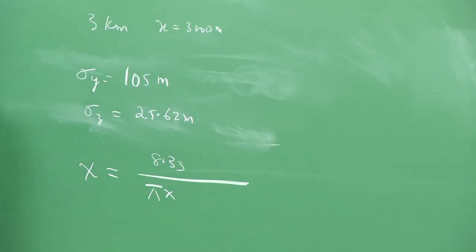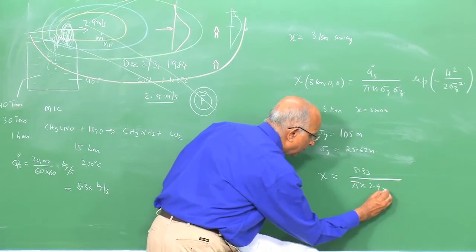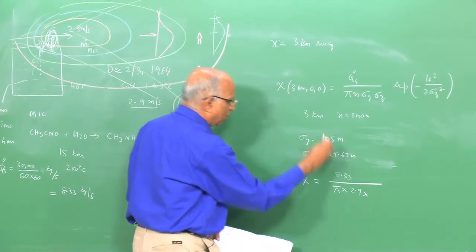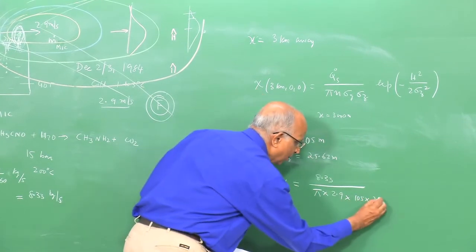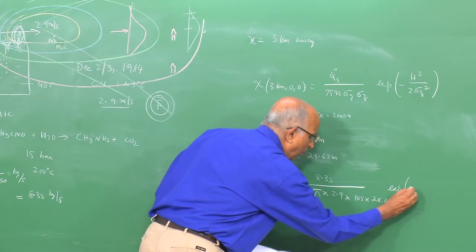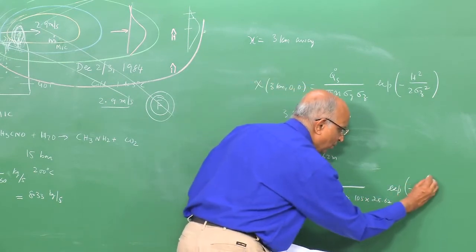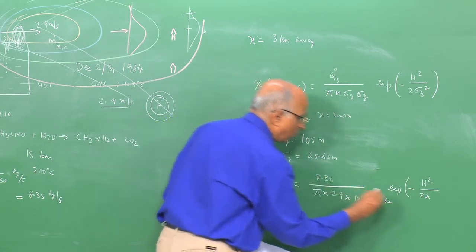The wind velocity we said is something like, that night it was around 2.9 meters per second, into the value of sigma y is 105, the value of sigma z is 25.62, into exponential of minus the height of the stack squared divided by 2 into sigma z squared, 25.62 squared.